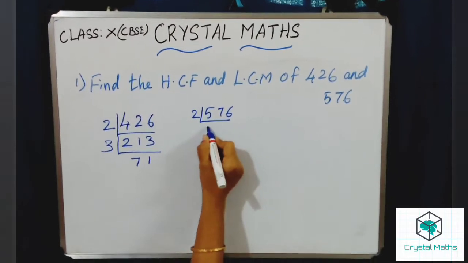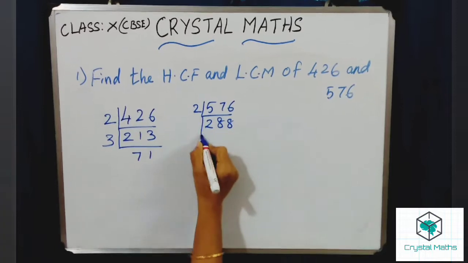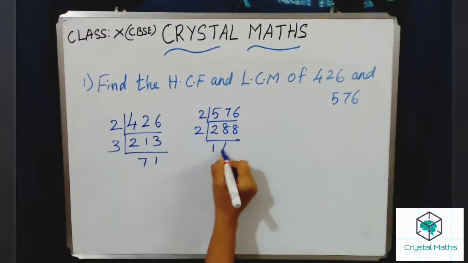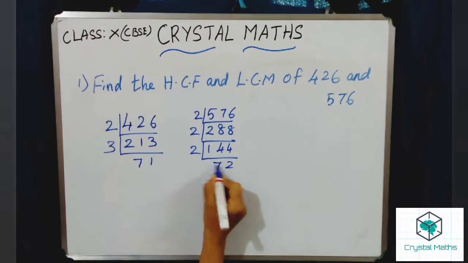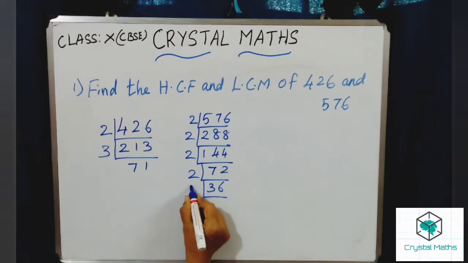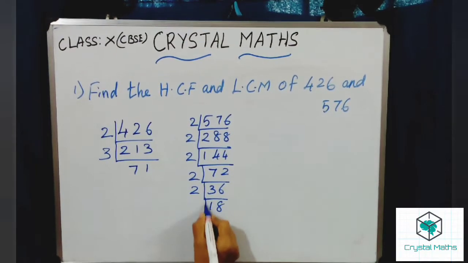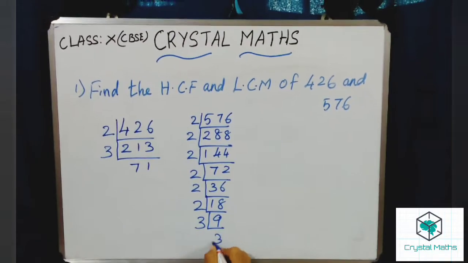If you divide by 2, you are getting 288. Again, divide by 2, 144. Again, divide by 2, 72. Again, divide by 2, 36. Divide by 2, 18. Again, you are getting 9, and lastly 3 and 3.